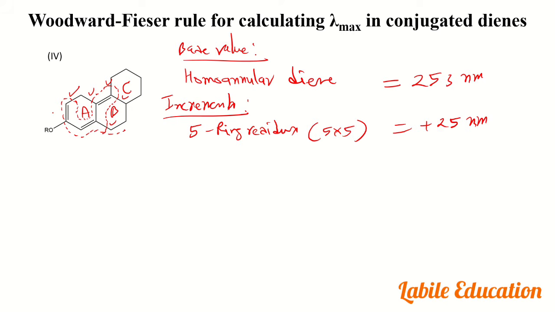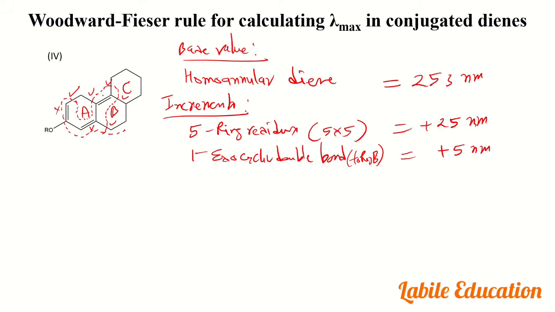Now we will see whether there is any exocyclic double bond. You can see this is not exocyclic, this is not exocyclic, but yes, this is exocyclic to ring B. So there is one exocyclic double bond to ring B. So it will contribute 5 nanometer.